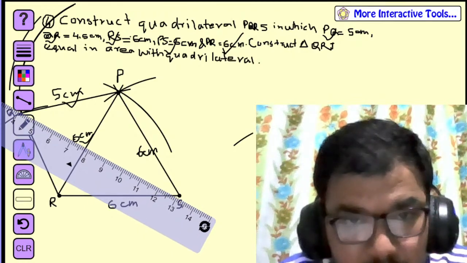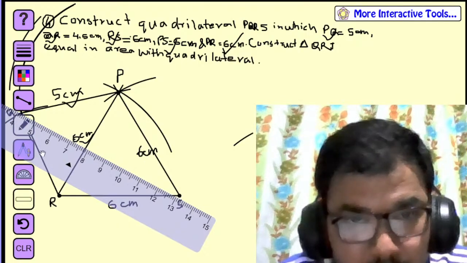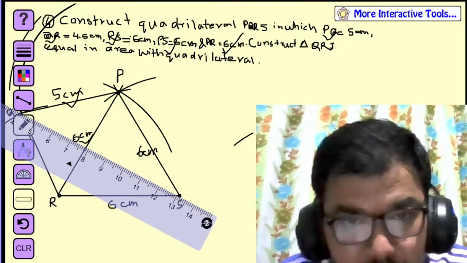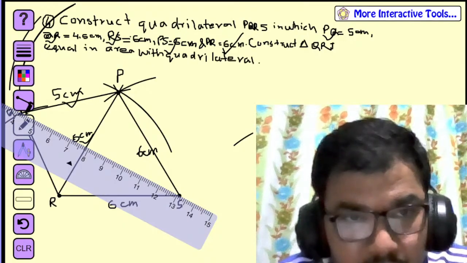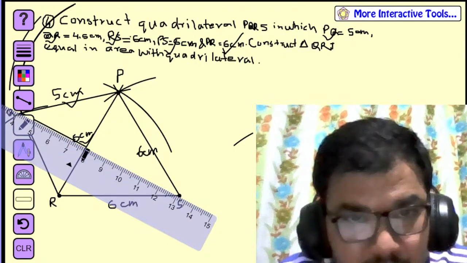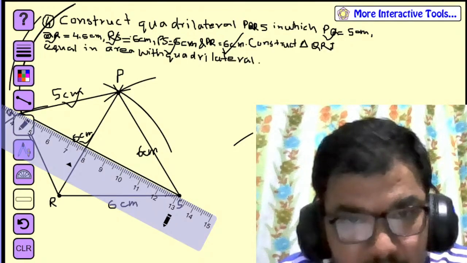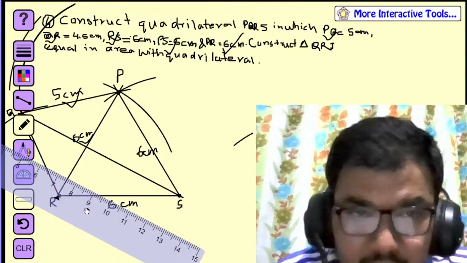Okay, and join like this. Look here, so like this. If this diagonal is not given, then also we have to join it ourselves. If given it's okay, if not given we have to join like this, because we are doing it now here.